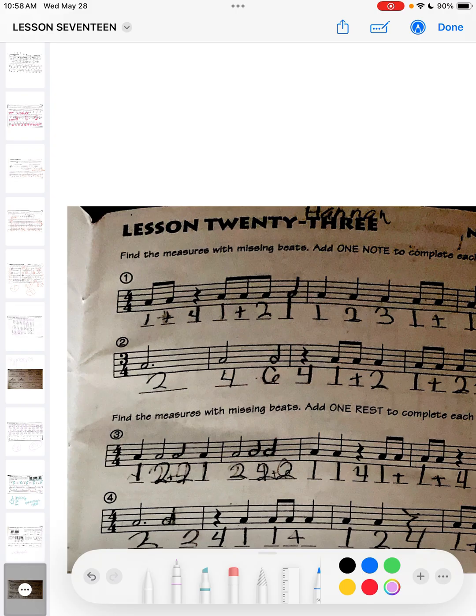So that would be wrong. From right here, I would have done this: put a quarter note on this part up here. So it's 1 and not 4. This is going to be 2. 3.